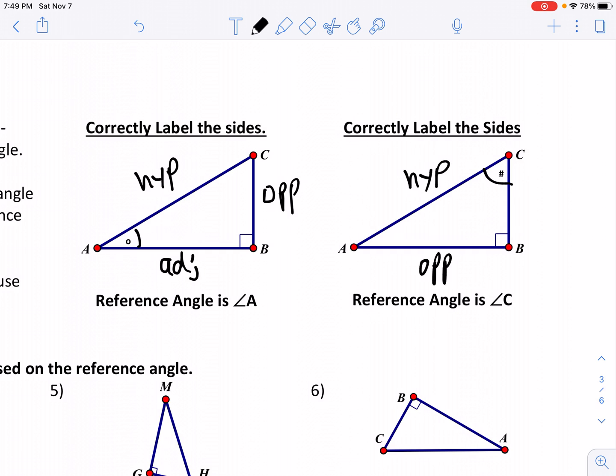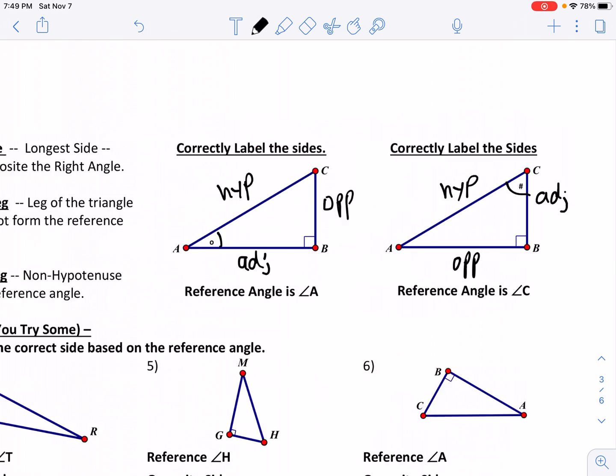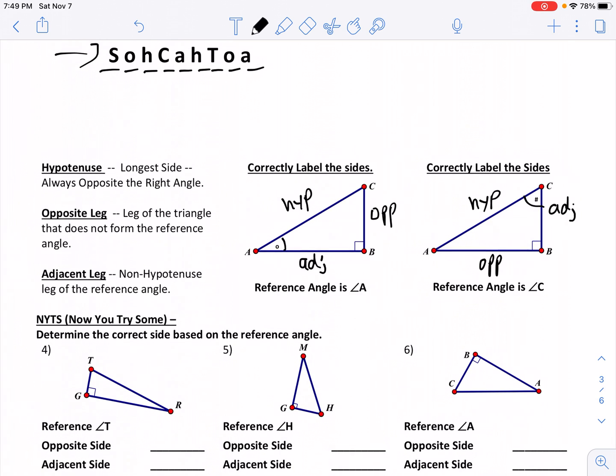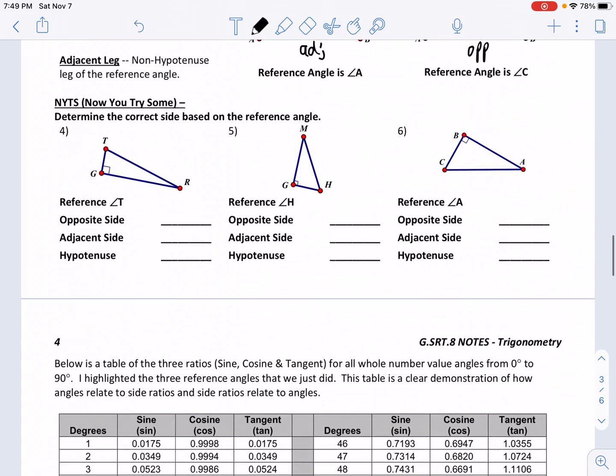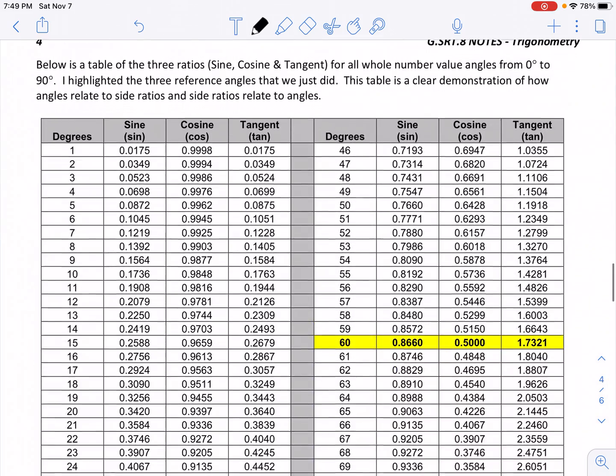So this is now the opposite side. And the side adjacent, which helps form our angle, is now BC. So this would be the adjacent side. So just be aware of where your different sides are going to be based on where the reference angle is. We'll work on that in class.